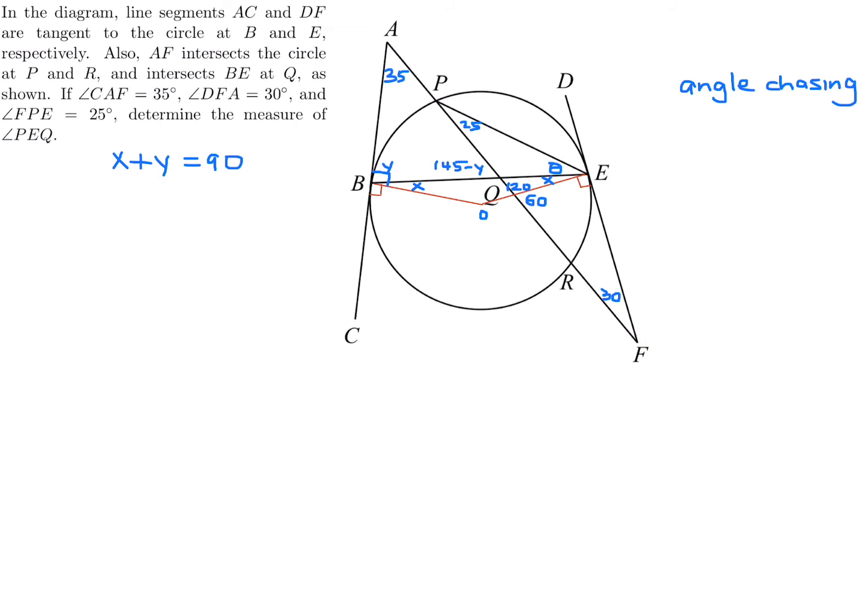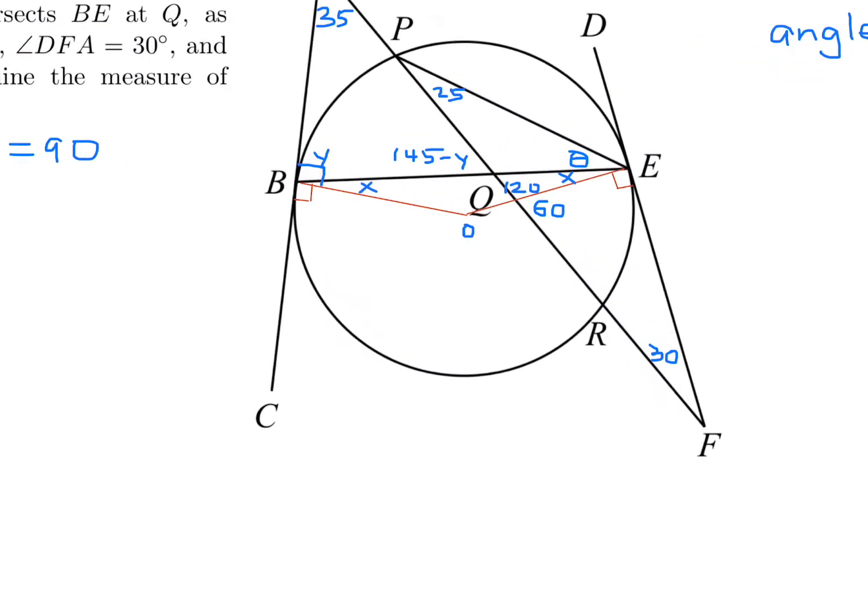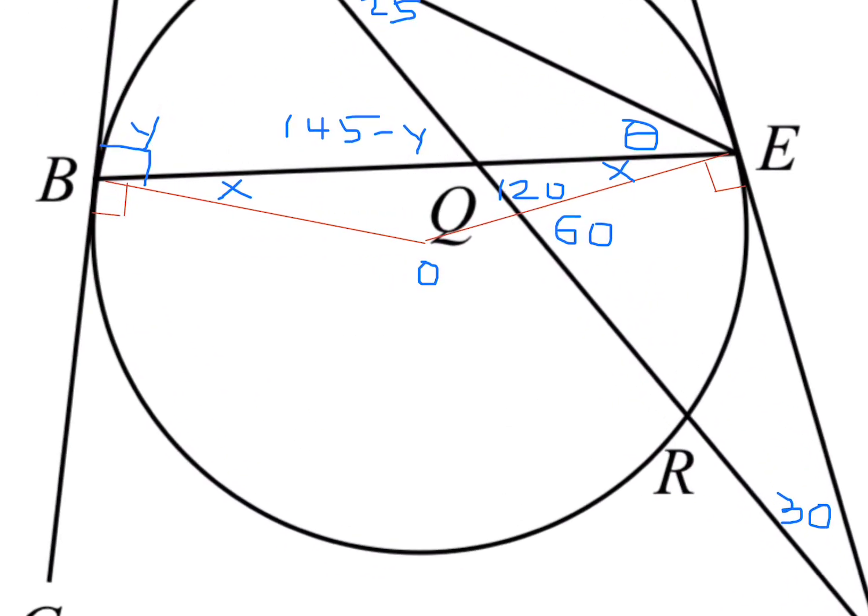So that is our first established equation. Now, it's hard to see, but you've got these lines that intersect, right? So opposite angles would be the same. So this angle would be the same as this angle. I have to blow that up a bit to let you see. This angle is the same as this angle.